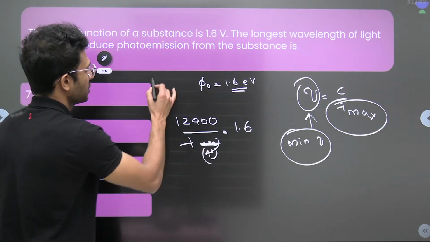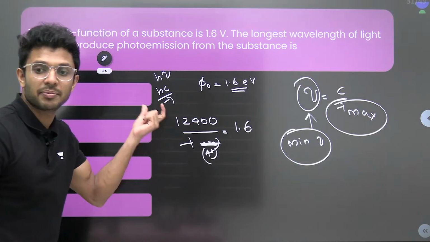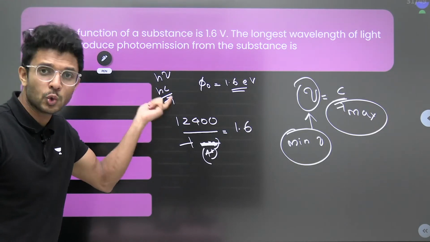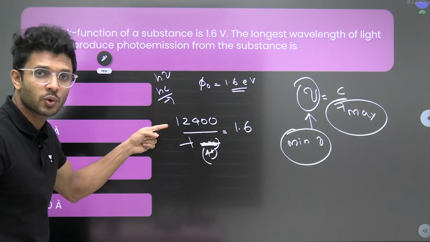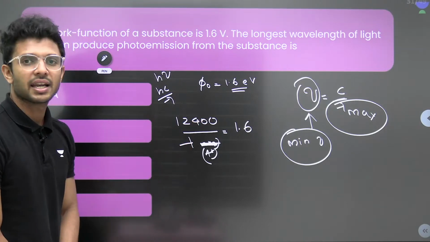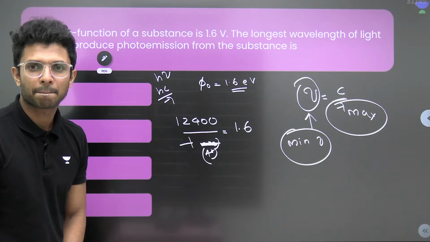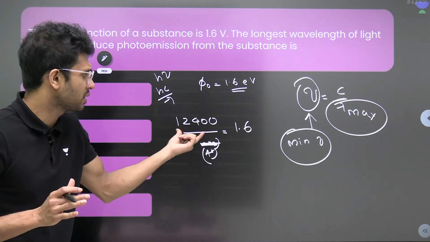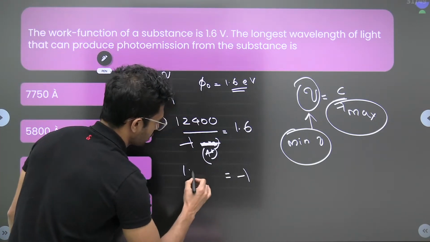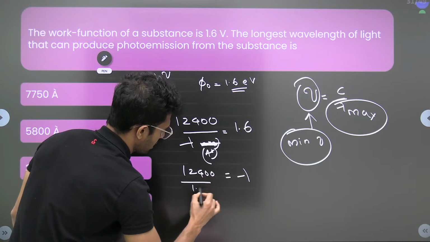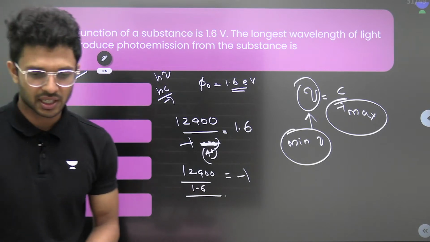We know that the basic equation is h nu, that is hc by lambda. This is the basic, but this is in joules. Then we have to convert to electron volt. Instead of doing all that work, we can simply write 12400 by lambda by calculating the value of hc by lambda. That is exactly what is done. So the wavelength in Armstrong, lambda, is equal to 12400 by 1.6. How much will it come? 7750 will come. Option A will come.